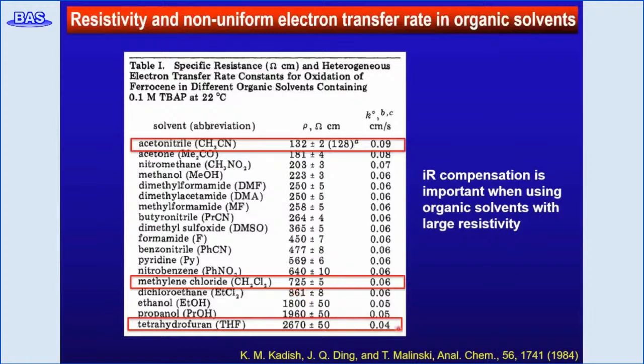In such a case, a quantitative rate constant cannot be obtained without IR compensation. With IR compensation, the electron transfer rate between ferrocene and electrode is found to be almost constant, regardless of the solvent.